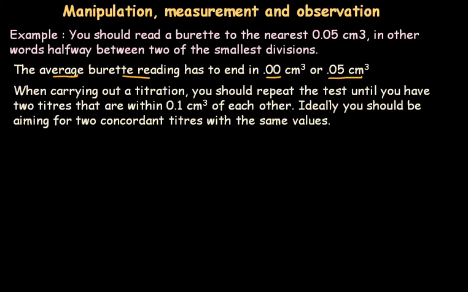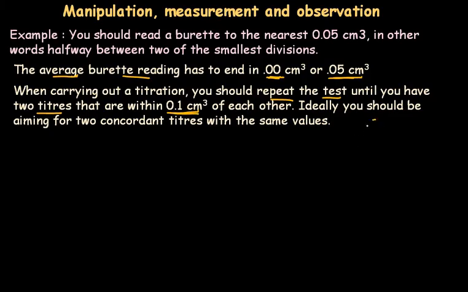That is, the average burette reading should be considered to 2 decimal places. Now, when carrying out the titration, we should repeat the test until we have 2 titers that are within 0.1 centimeter cube. Means that the 2 burette readings during the titration should not have a very big difference. It should not be further off than 0.1 centimeter cube.